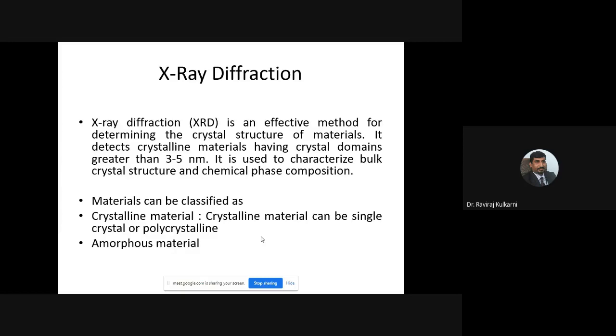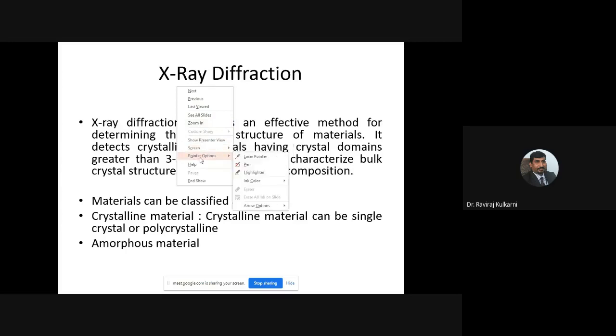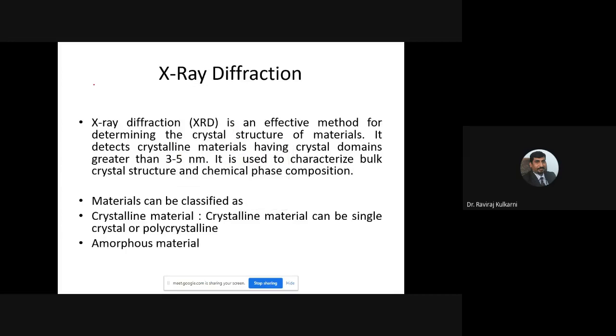What is the wavelength of the visible range? 400 to 750 nanometers. So 400 nanometer to 700 nanometer, usually, they are visible.